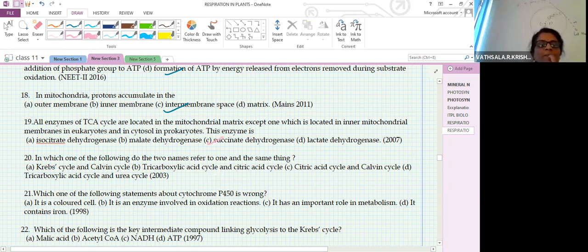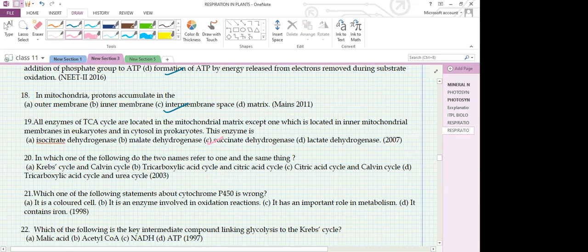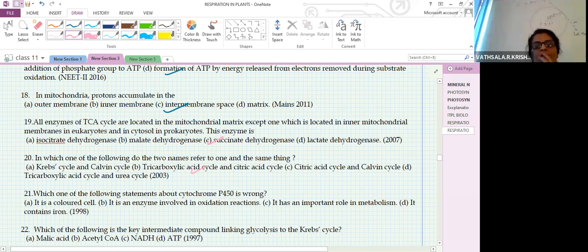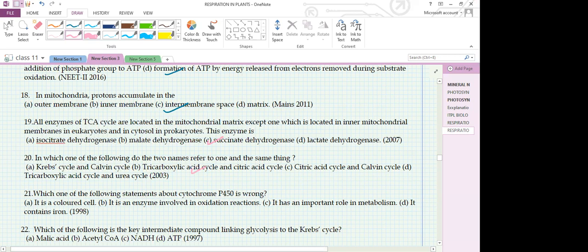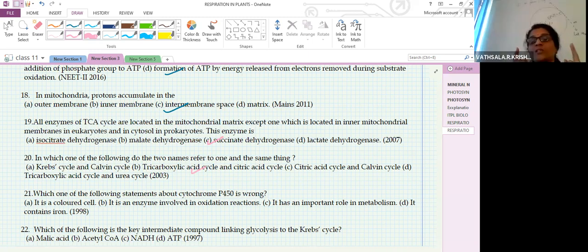Next, 28th one. Two names refer to the same thing. E, tricarboxylic and citric acid cycle. What are the names given to Calvin cycle? C3 cycle. Do you remember? This is where students always get confused.